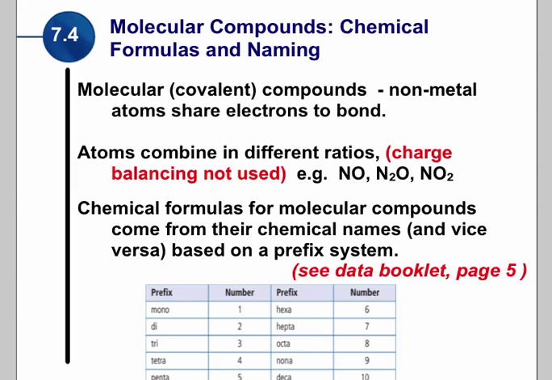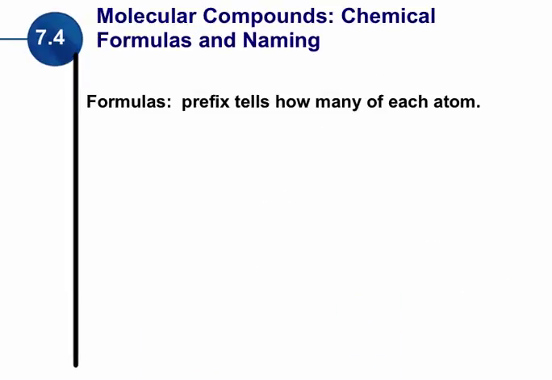So if we were trying to write formulas, the prefix tells us how many of each atom are available. So if you were given the name, the prefixes are actually going to relate to the number of each atom.